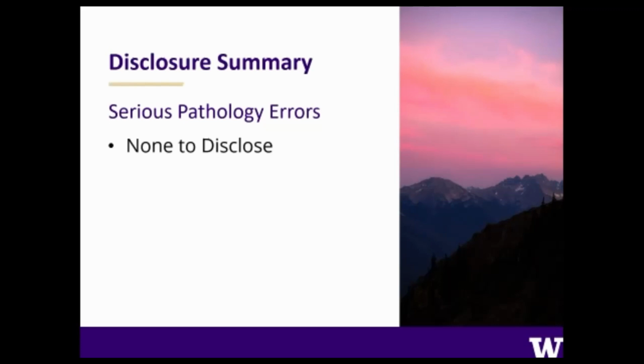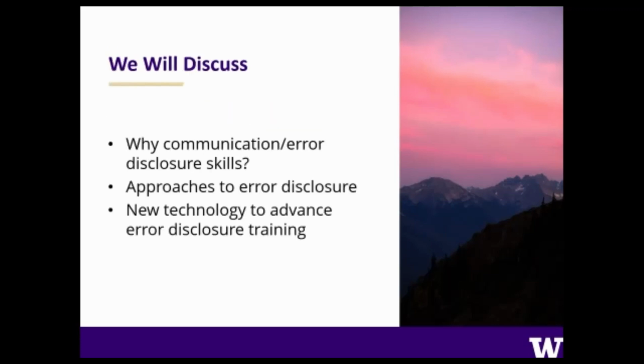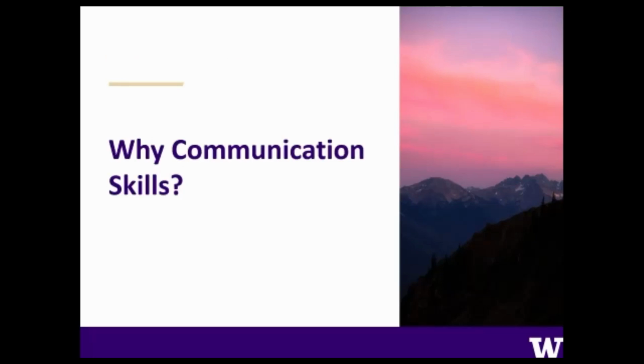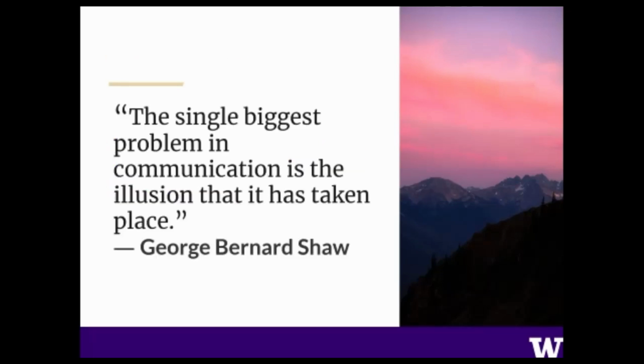I don't think I have any serious pathology errors to disclose currently. So we're going to talk a little bit about why communication and error disclosure skills. To this audience, I think it's pretty obvious from the preceding lectures. Then approaches to error disclosure, and finally some new technology to advance error disclosure training that we're coming up with at the University of Washington.